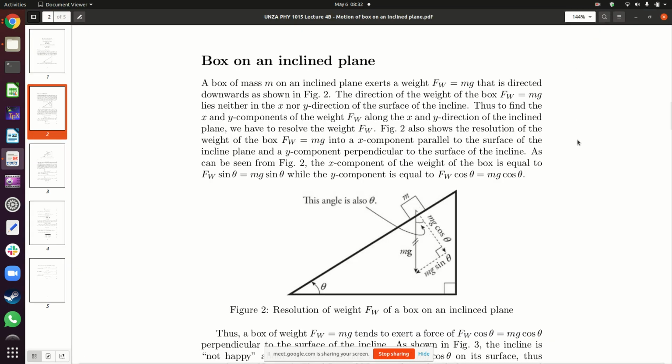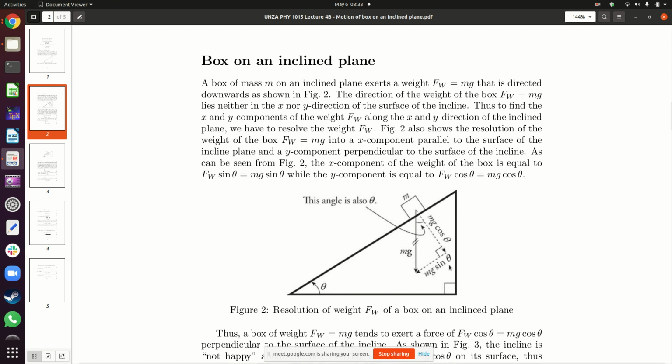Yes, we can see. Okay, so this is what we have in terms of the weight. By choosing our x-axis to be parallel to the incline and pointing downwards as positive x, and upwards as positive y, and perpendicular to the incline to be our y-axis, above the incline being positive y and below the incline being negative y, we realize that the weight of our box lies neither along the x-axis nor along the y-axis.